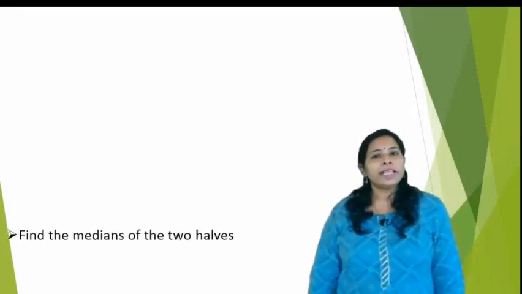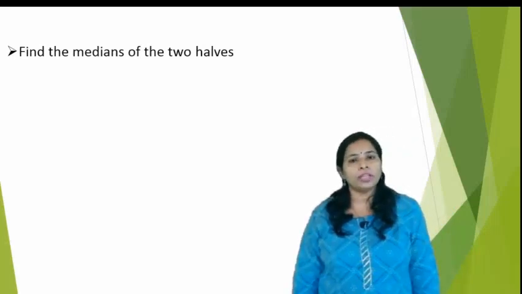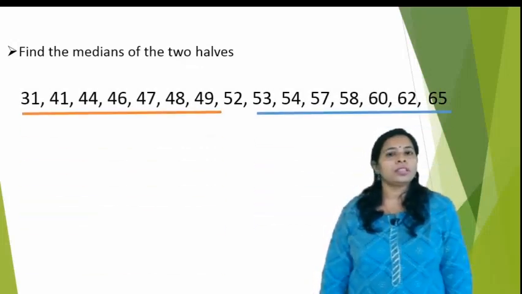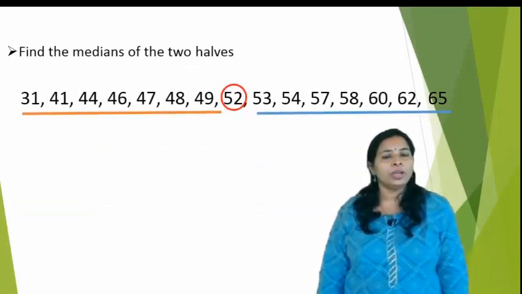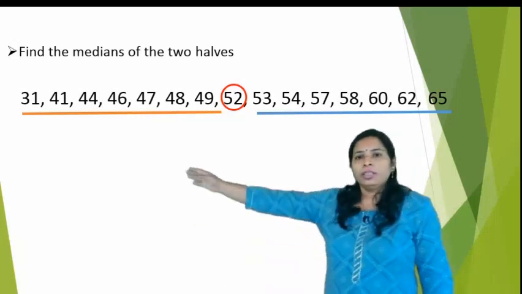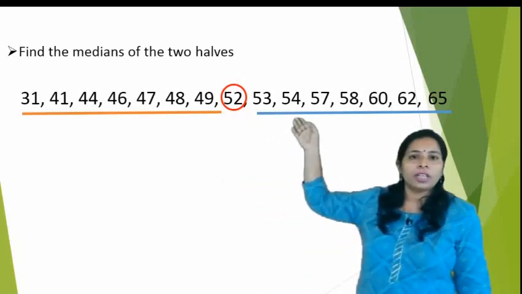Now, the next step is to find the medians of the 2 halves of the distribution. We already found 52, the second quartile or median. In the first half there are 7 values, and in the second half there are 7 values.